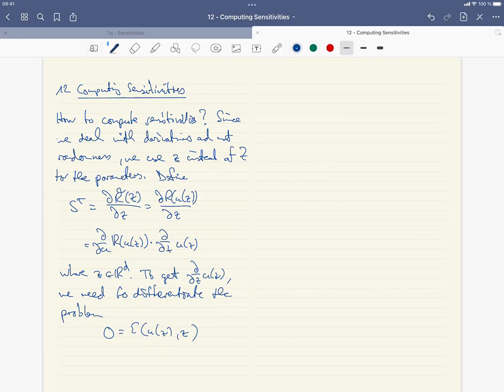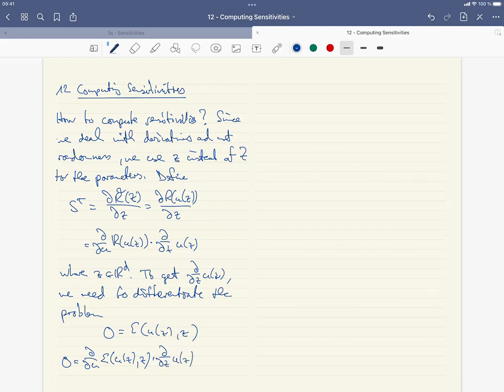So I still have 0 on the left-hand side if I differentiate, and now I differentiate everything with respect to z, and I have chain rule again. So I have the z in the two arguments. So I first need d over du, e of u of z, comma z, times the inner derivative, d over dz, u of z.